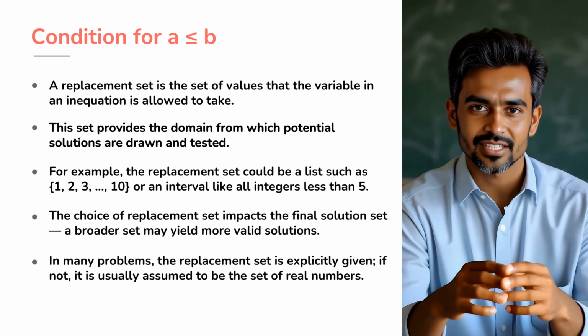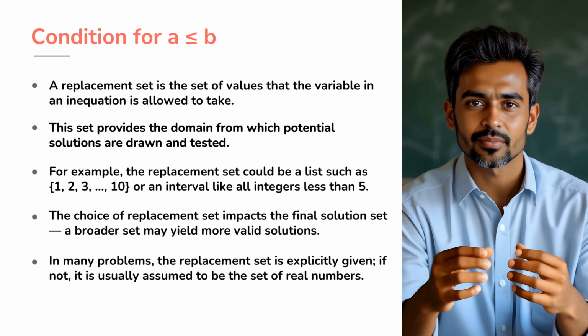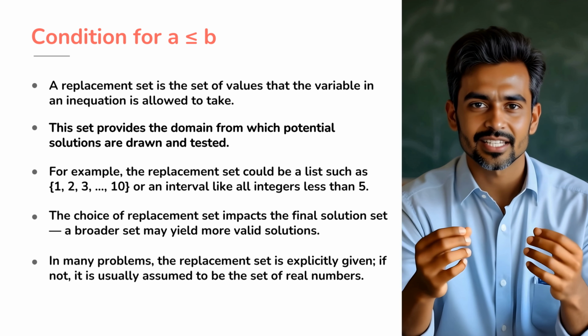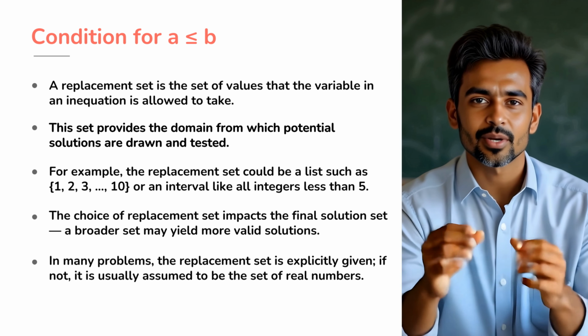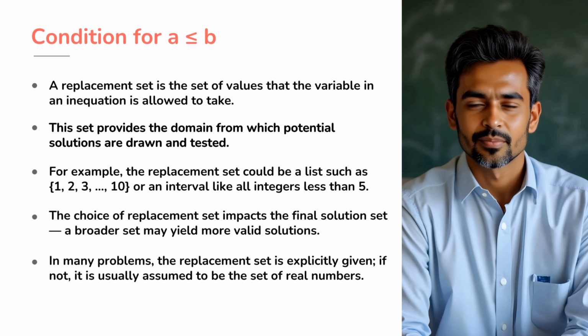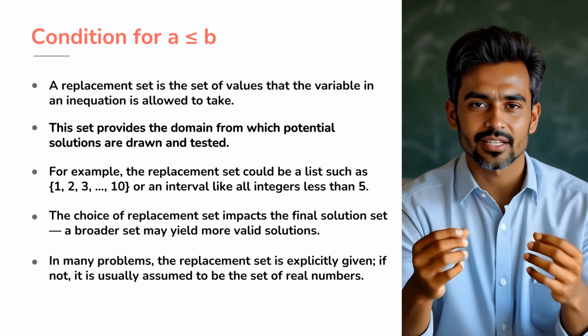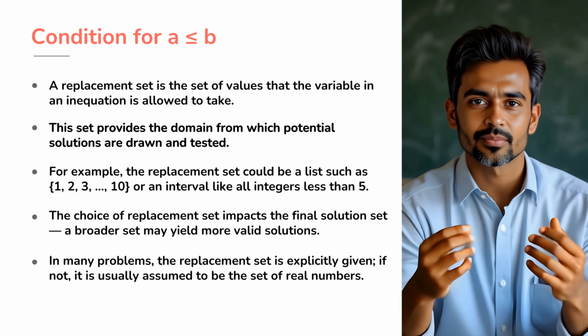Now take 2 by 7 and 2 by 7. Clearly, they're equal. So 2 by 7 is less than or equal to 2 by 7 because the difference is 0. This inequality type allows room for equality, unlike the strict less than symbol.